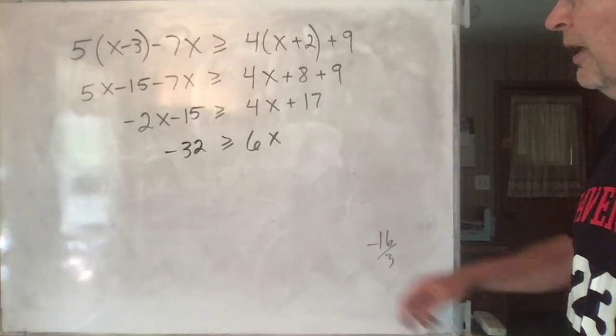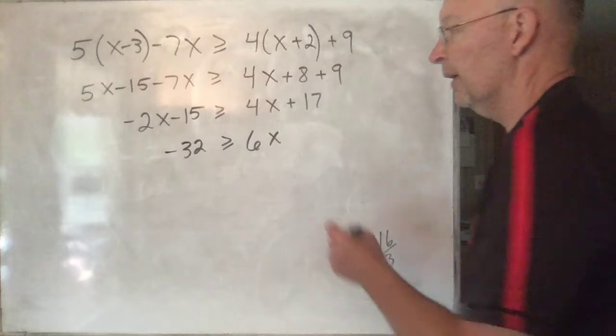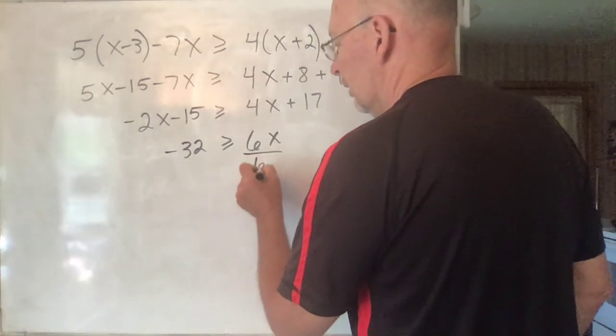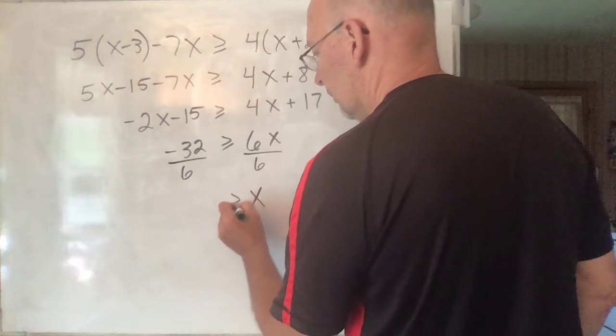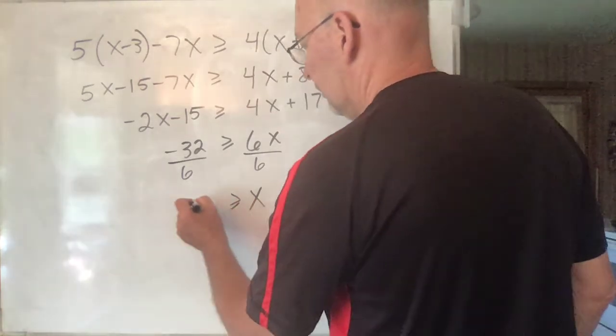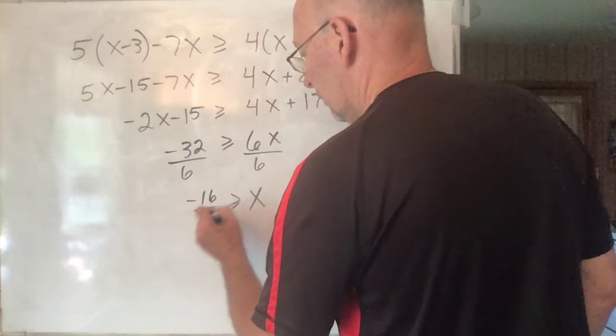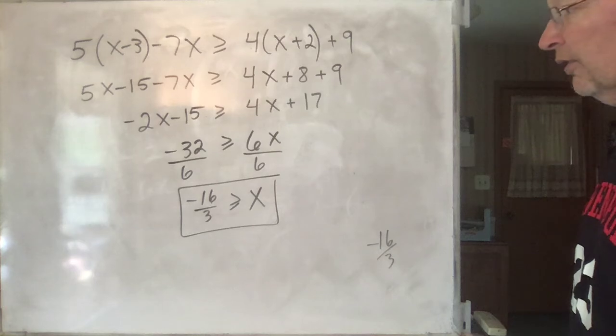And I like this way better because then I've got a positive 6 there and I don't even have to worry about changing the sign. See that? So if you can make life a little bit easier for yourself, might as well make life easier for yourself.